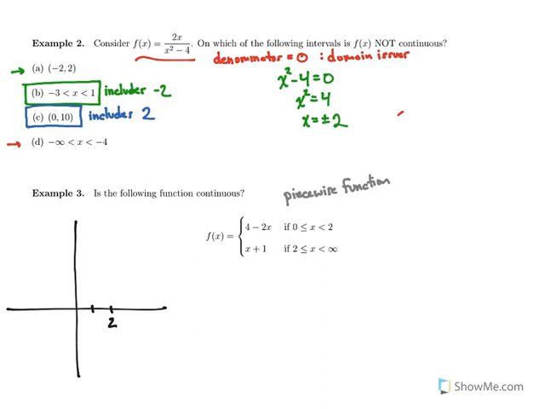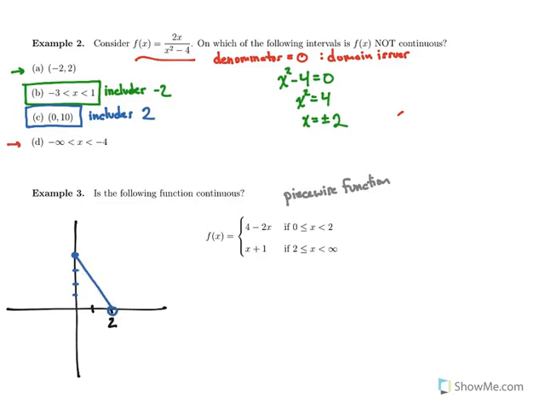So 4 minus 2x is going to be the function on the interval 0 to 2. So let's note this has a y-intercept of 4, a slope of -2. We're going to have this line.